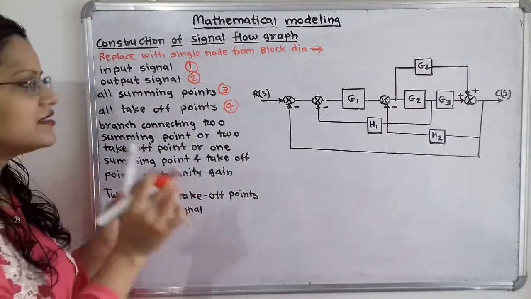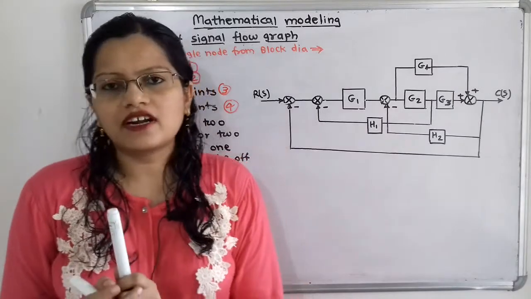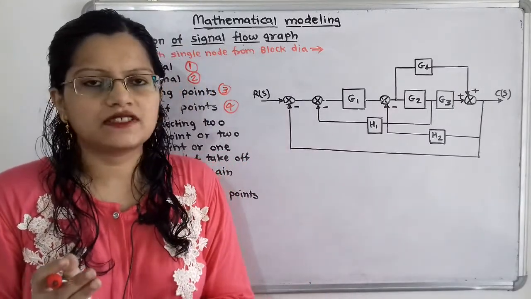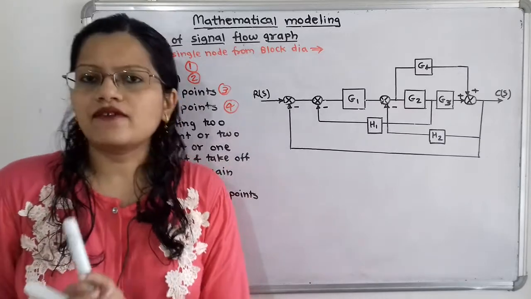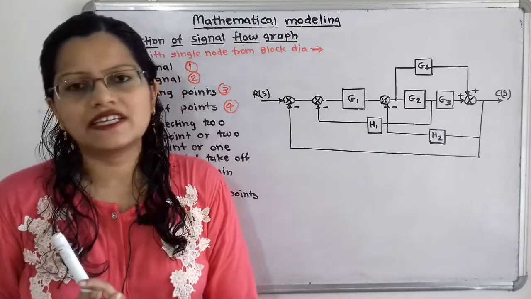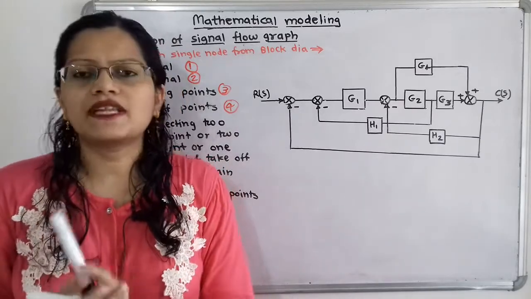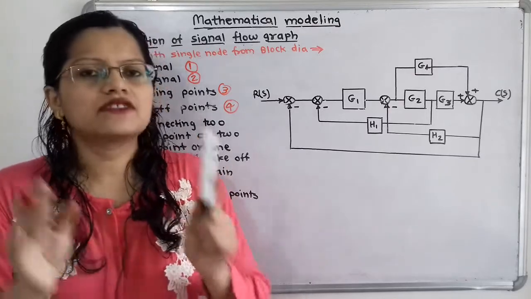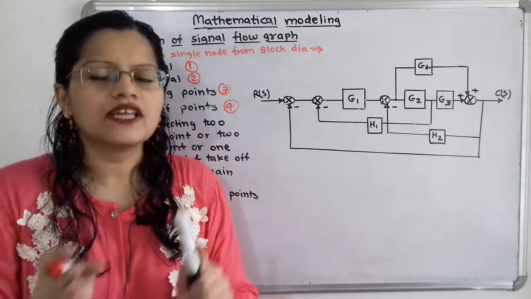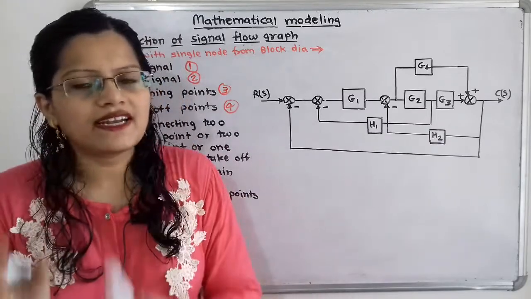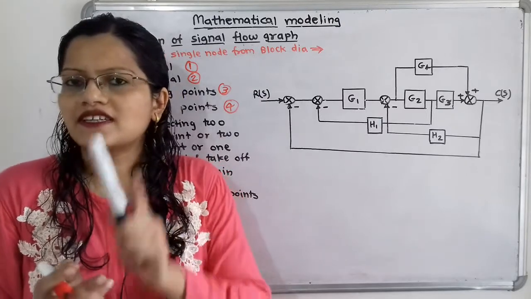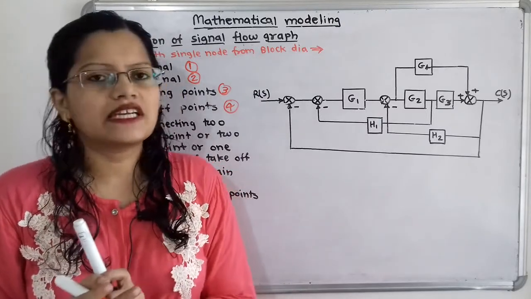Now next is, suppose one after other there are two summing points, or two takeoff points, or one summing point and one takeoff point with unity gain. Now what is the meaning of unity gain? That is, in between these two summing points, or two takeoff points, or in between a summing point and a takeoff point, there is no block. So we will consider that there is unity gain.